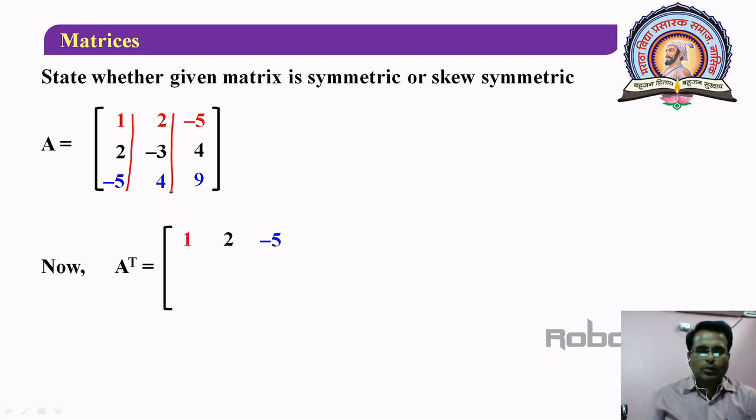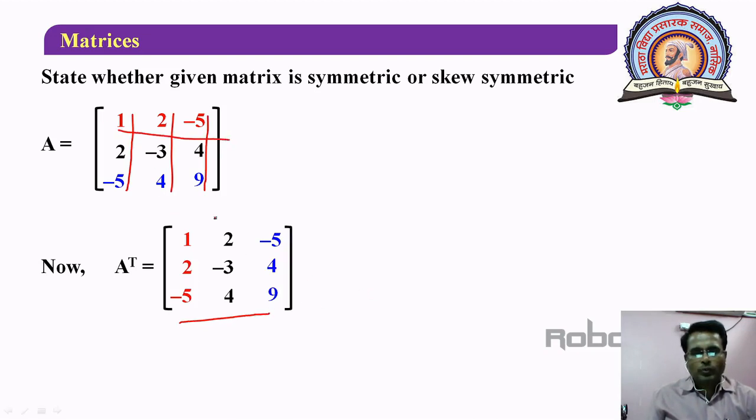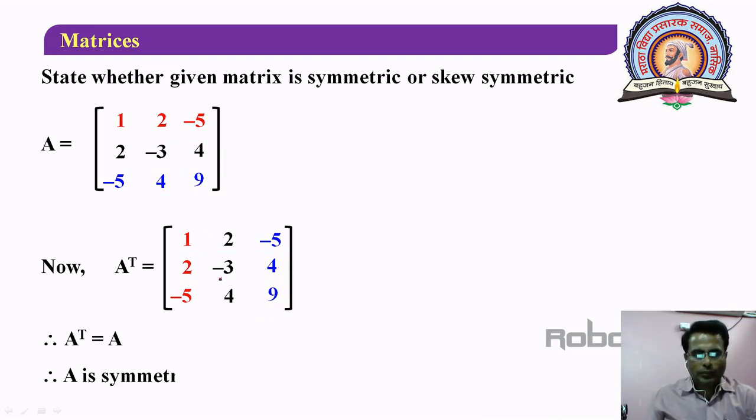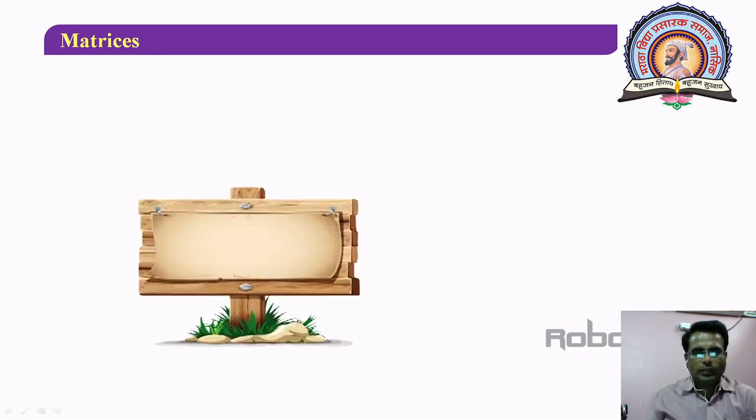The second column comes as a second row and the third column as a third row. You will observe that actually there is no change. There is no change in A and A transpose, therefore A transpose is equal to A, therefore it is a symmetric matrix. So A is a symmetric matrix.